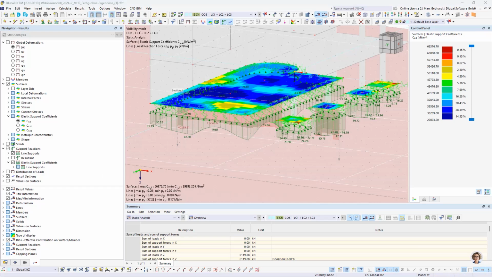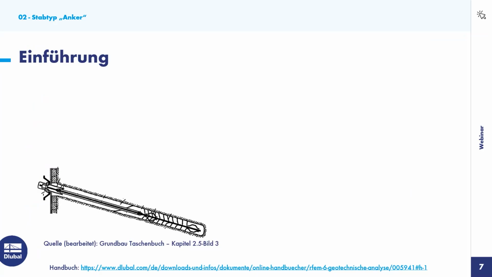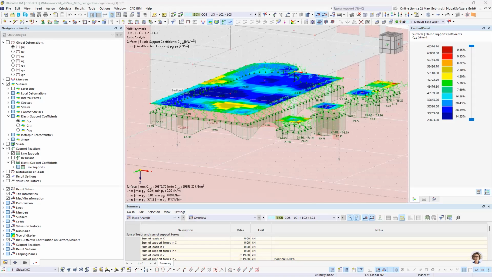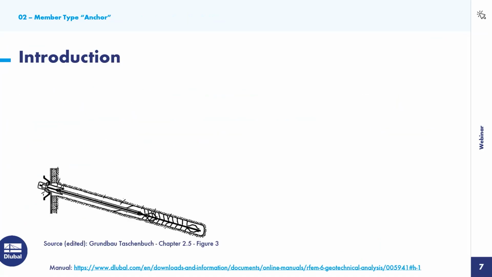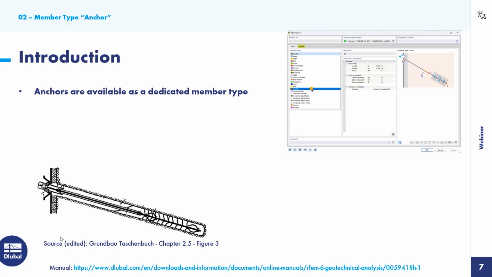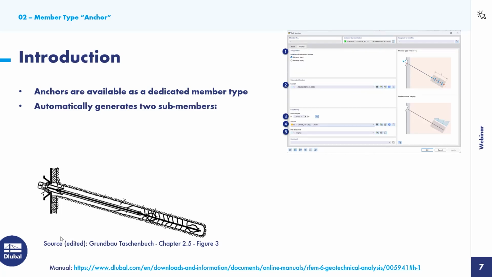So we're going forward to the next point, and I'll show you our next exciting feature, the anchors. Anchors are now available as a new member type within the Geotechnical Analysis add-on. They can be selected by the Add Member menu and automatically generate two new sub-members.